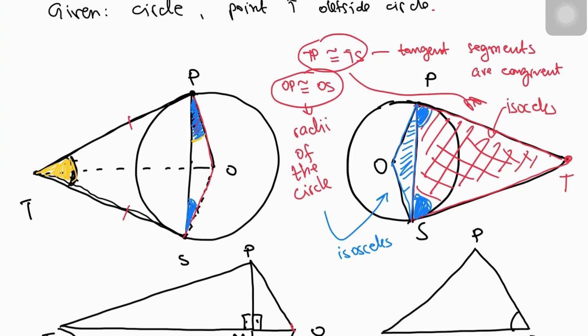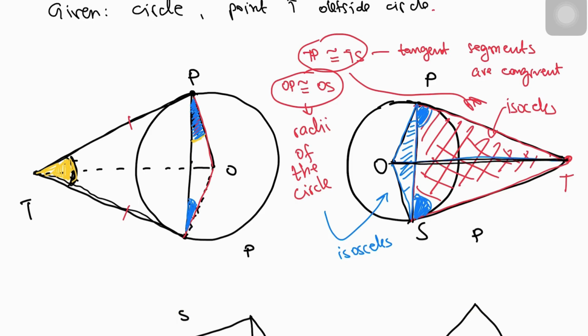And we can see that if we connect O and T now, that's the connection here, we can notice further that using side, side, side, the triangles are congruent.